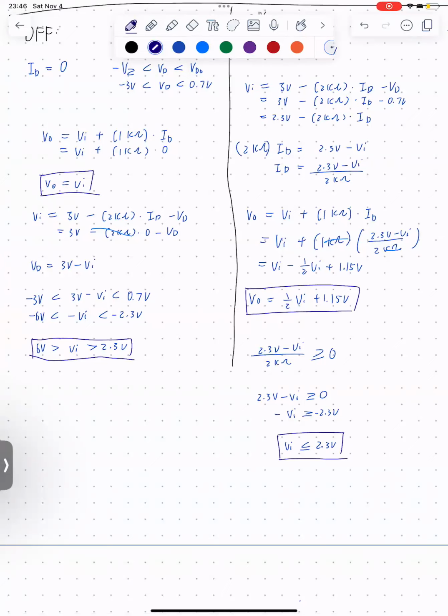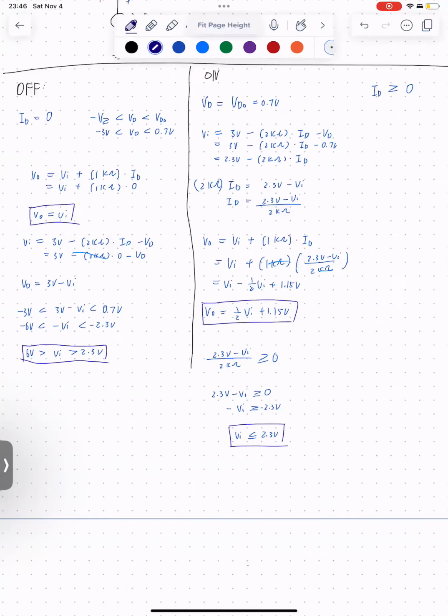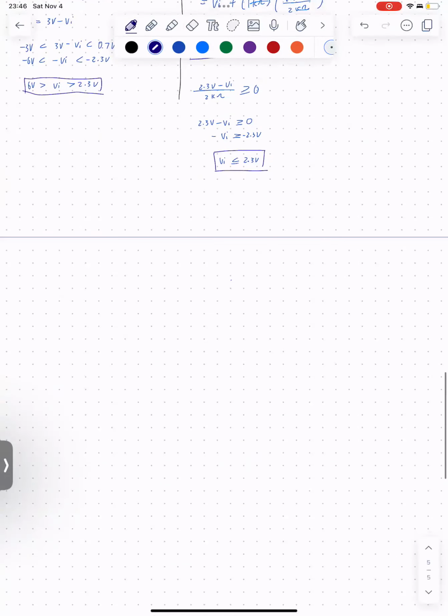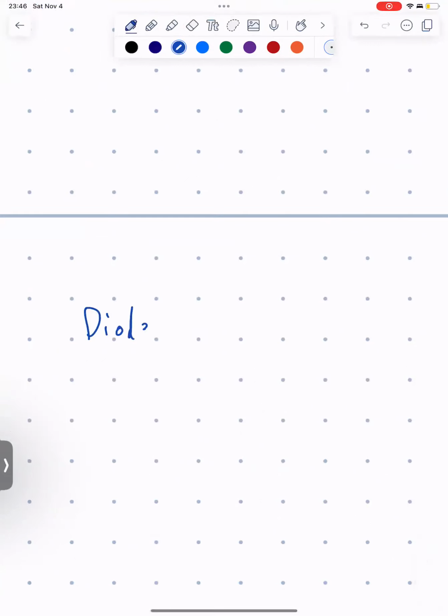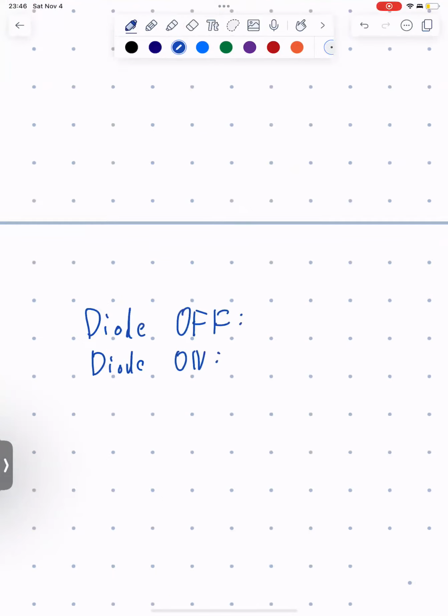And then when we keep increasing VI to be greater than 2.3 but still smaller than 6 volts, the diode turns off, and then V out just equals VI. If we keep increasing VI, it will reach the Zener point, but for this question we don't have to solve the Zener region. So let's write down what we found. Diode off and diode on.